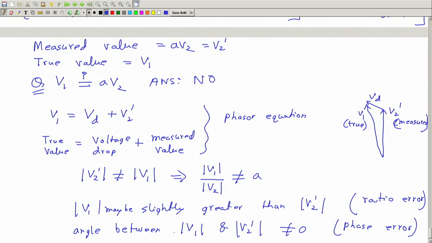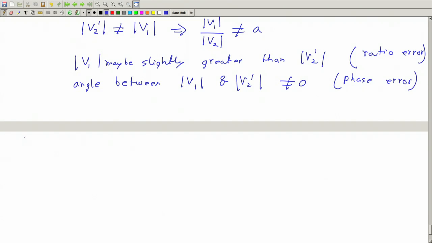Why is phase error important? It is important for power and energy measurement.